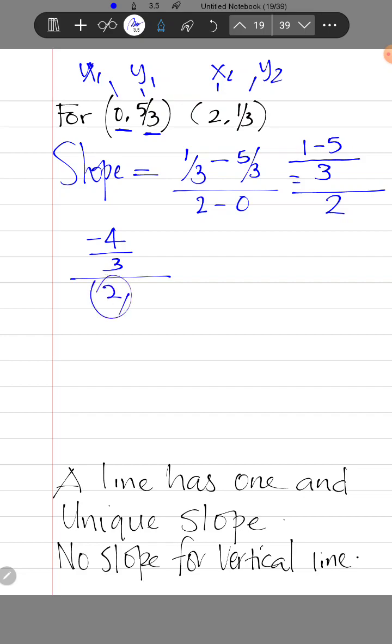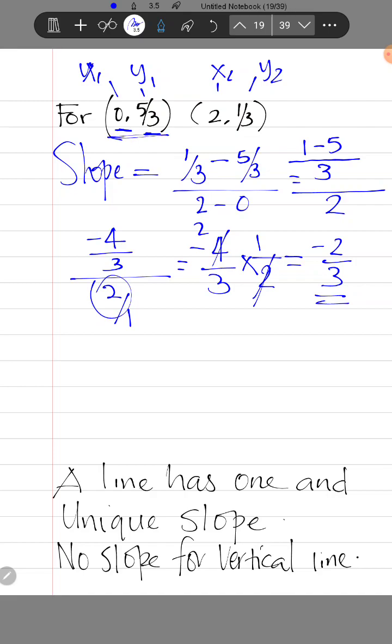Here 2 means 2 divided by 1, so we invert it upside down and give it a multiplication sign. Minus 4 divided by 3 times half, which is by 2. Here we will have minus 2/3 as the slope of the graph containing these 2 points.